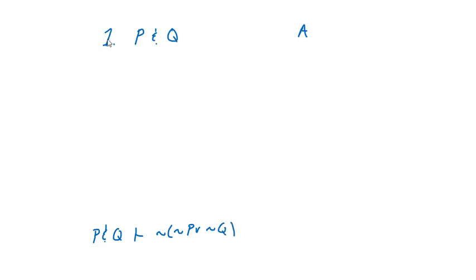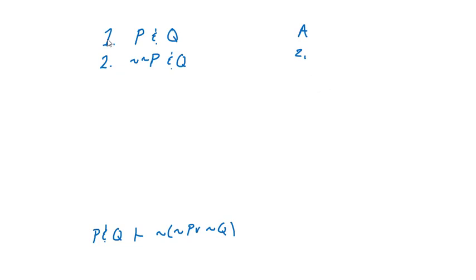Okay, so how would I do that? Well, I'm going to do it via De Morgan's, but I can't just do this in one step. What I've got to do is say, okay, I've got P and Q. That means I've got not not P and Q, by 1 and double negation.